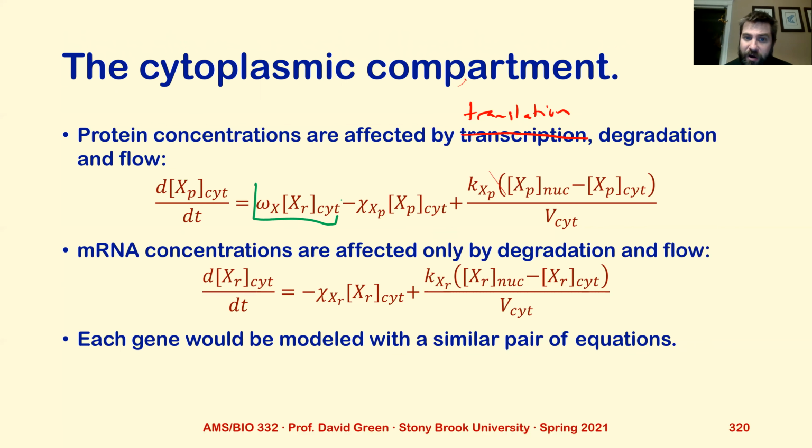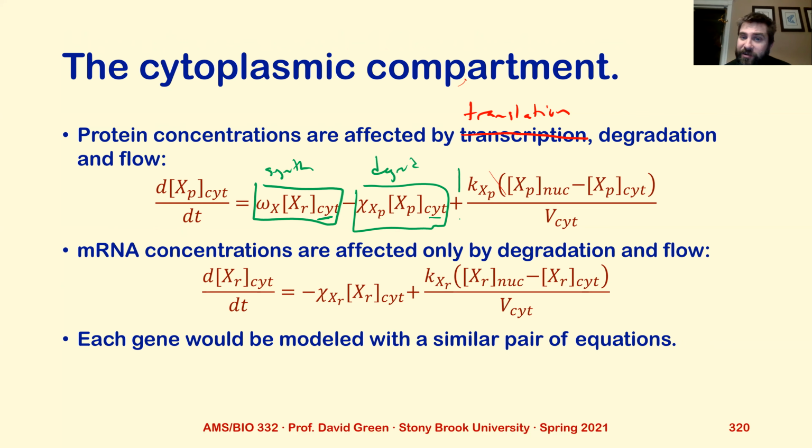There is a positive term that corresponds to synthesis. There is a negative term that corresponds to degradation. Both of these have the common forms that we've seen. The synthesis of protein depends on the RNA concentration in the cytoplasm. The degradation of cytoplasmic protein depends linearly on the protein concentration in the cytoplasm.